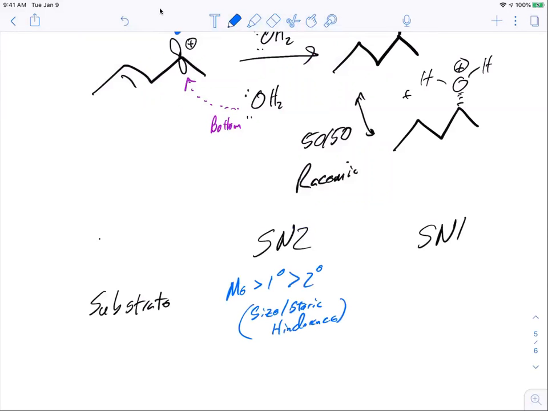For SN1, it's going to be tertiary, secondary, and stabilized secondaries, and that's going to be driven by the stability of the carbocation.